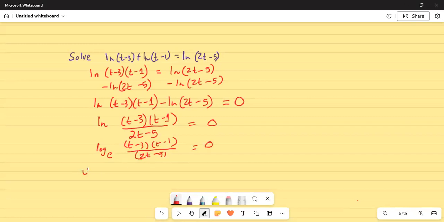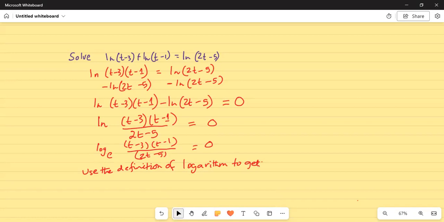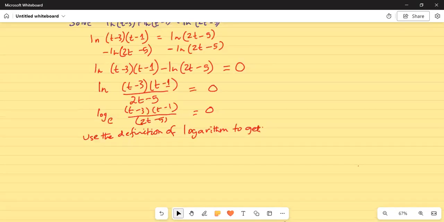Now use the definition of logarithm. Remember, the base raised to the power on the right-hand side, which is 0, is equal to the whole argument.